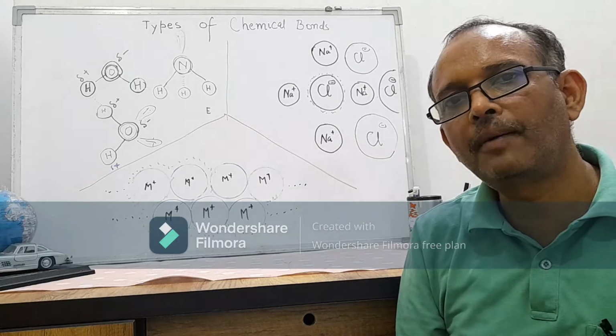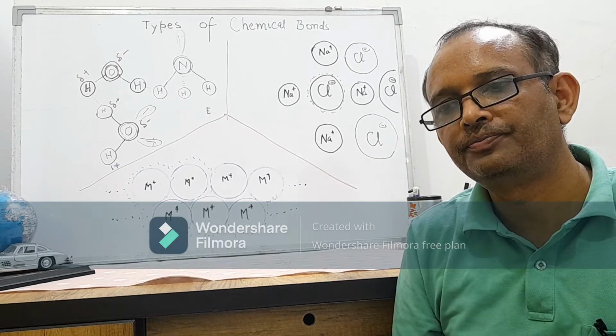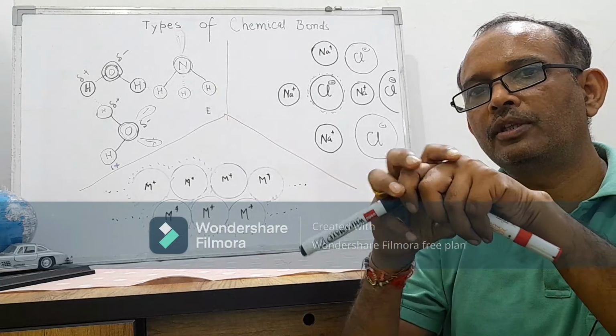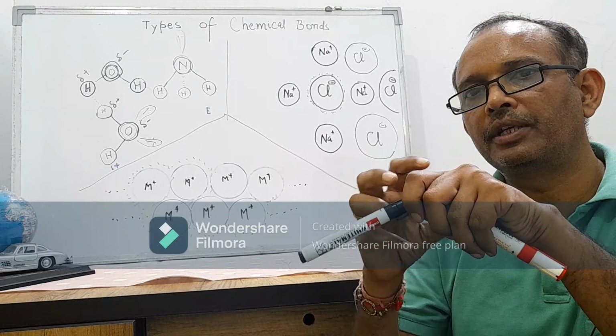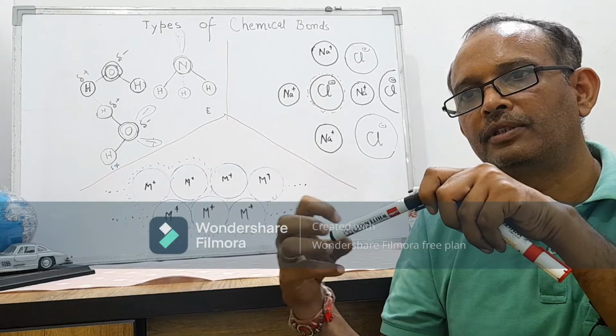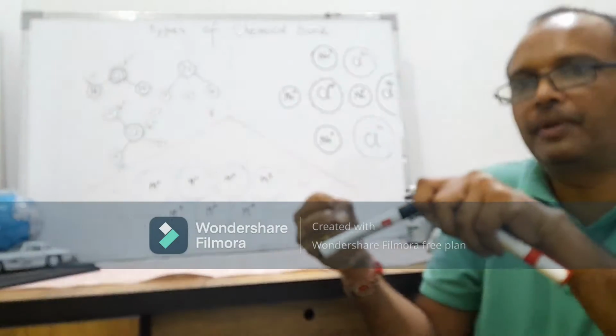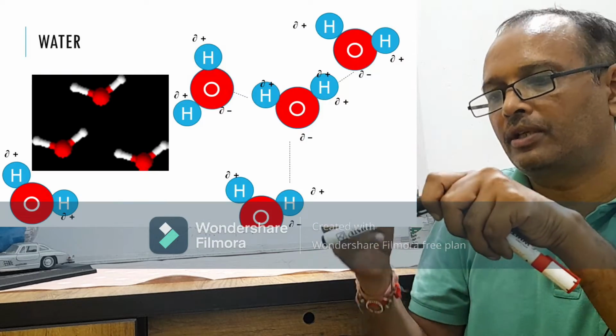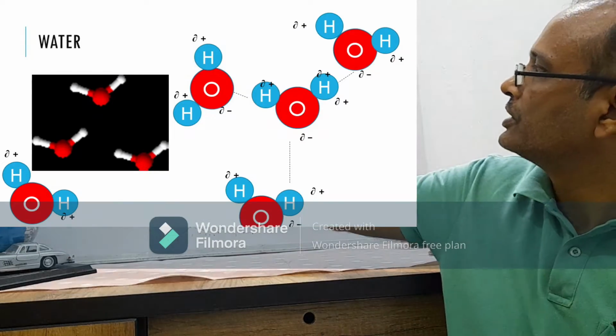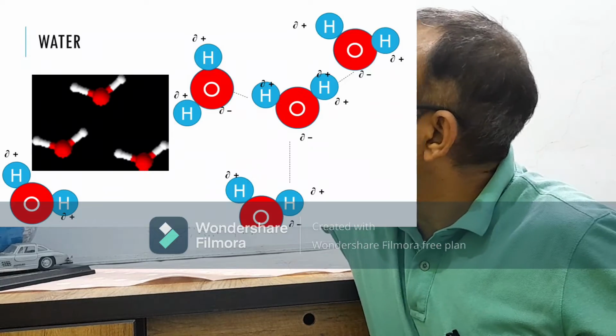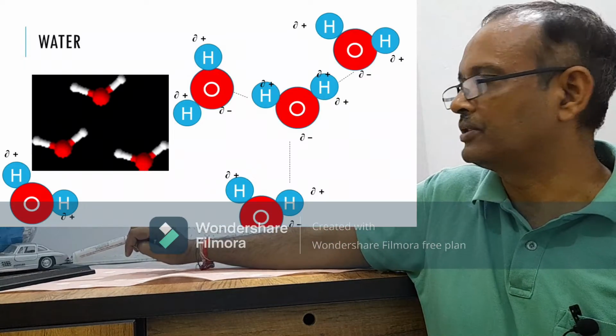So what happens when this sharing is involved? Oxygen is very strongly electronegative while hydrogen is somewhat electropositive. So oxygen will try to pull the bonded pair towards itself. Oxygen acquires a delta minus charge and hydrogen acquires a delta plus charge.